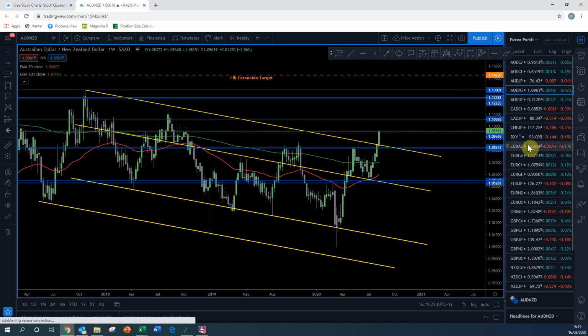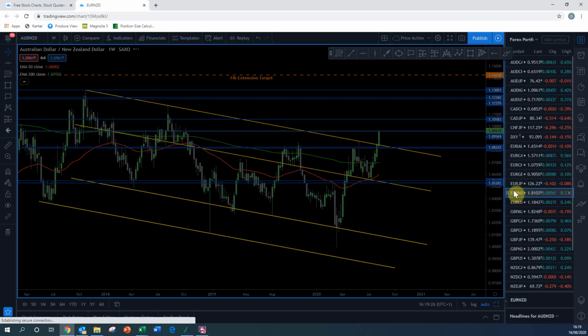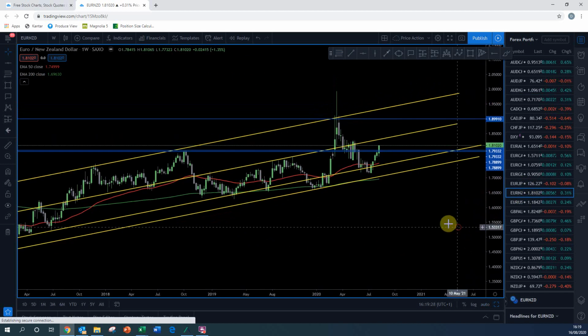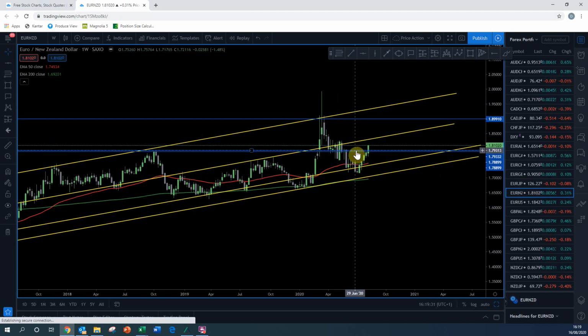As we go down, I can then go into the Euro New Zealand dollar, and it's a very similar picture. We can see that we've broken a key level on the weekly chart. We could likely see some sort of retest, but we are going up with a lot of momentum suggesting New Zealand dollar weakness here.